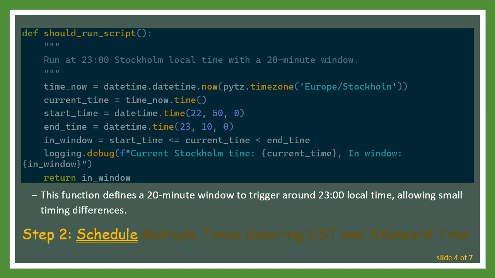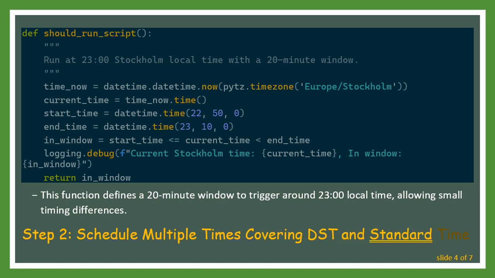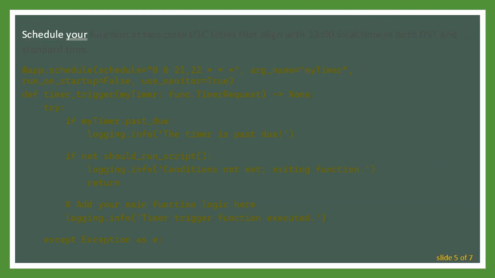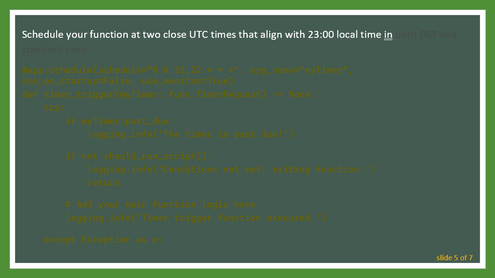Step 2. Schedule multiple times covering DST and standard time. Schedule your function at two close UTC times that align with 2300 hours local time in both DST and standard time.